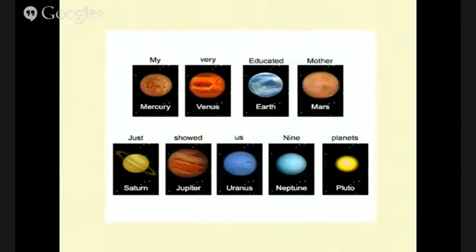Here you can read this. My very educated mother just showed us 9 planets. And M से आपको क्या याद आ गया, मरकरी. V से क्या आया, Venus. E से क्या आया, अर्थ.